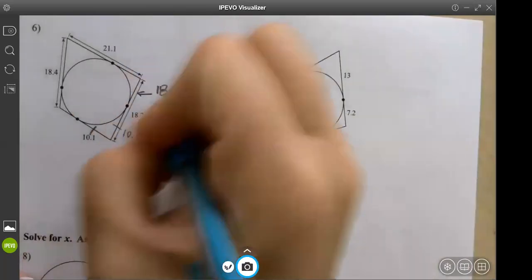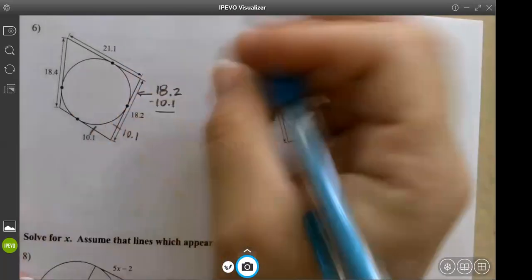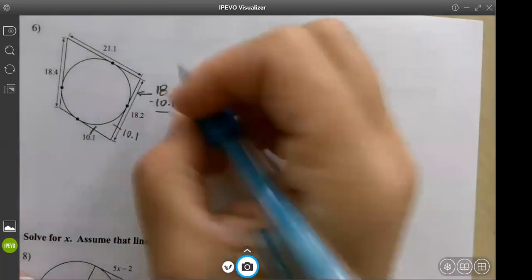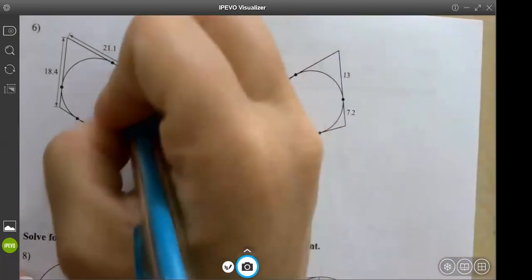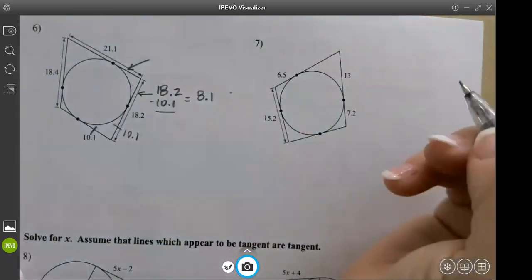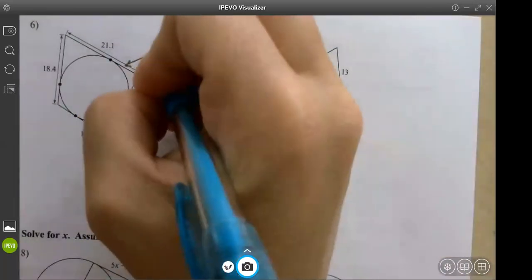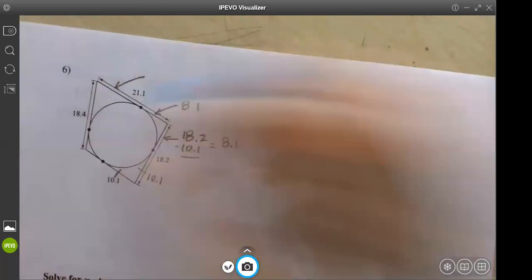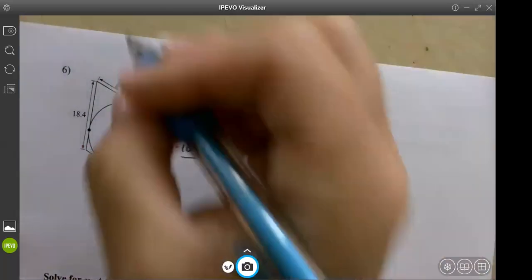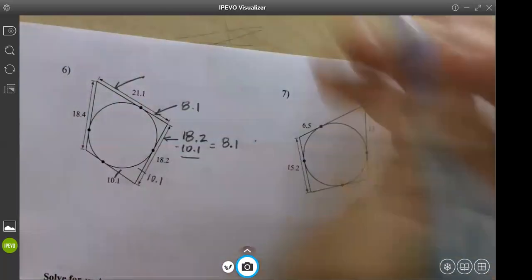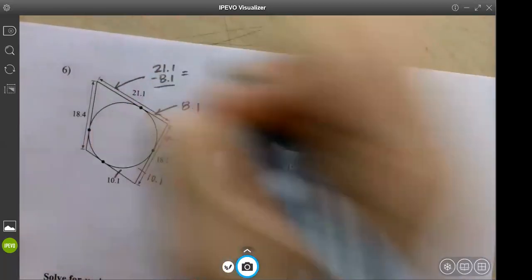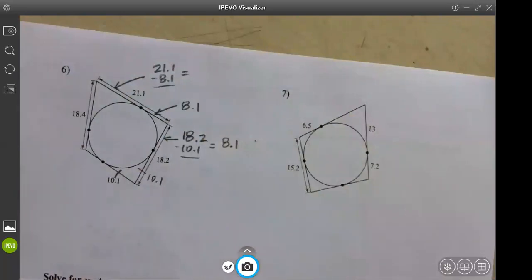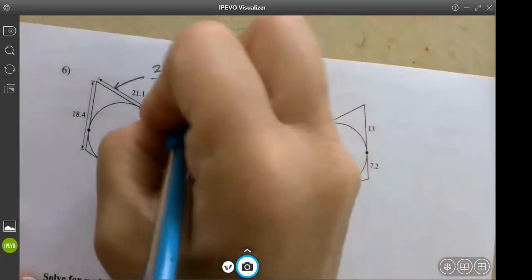18.2 minus 10.1 gives us 8.1. So that means this part is 8.1. How do I find this part up here? 21.1 minus 8.1. What do we get? 13.